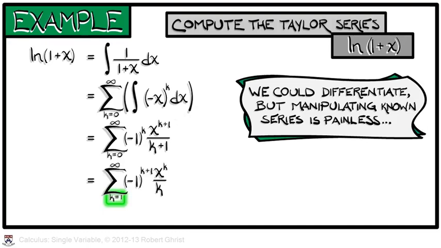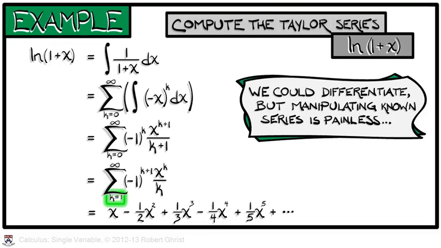And now we have an answer with a bit of reindexing: the sum, k goes from 1 to infinity, of -1 to the k plus 1 times x to the k over k. That is perhaps more easily remembered as x minus x squared over 2 plus x cubed over 3, etc. Notice there are no factorials here.